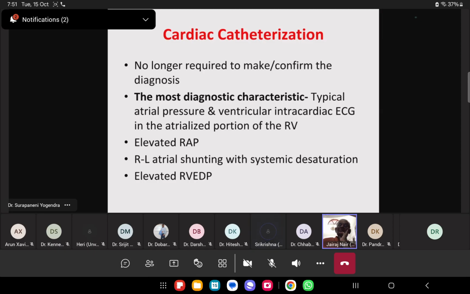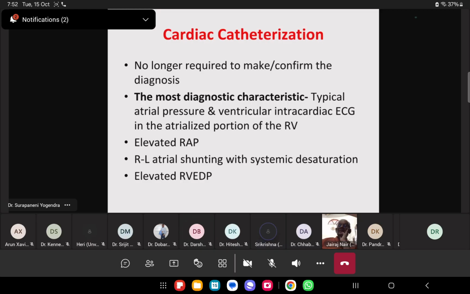The most diagnostic characteristic is typical atrial pressure and ventricular intracardiac ECG in the atrialized portion of the RV. Elevated right atrial pressures and right to left shunting with systemic desaturation and elevated right ventricular end-diastolic pressures.